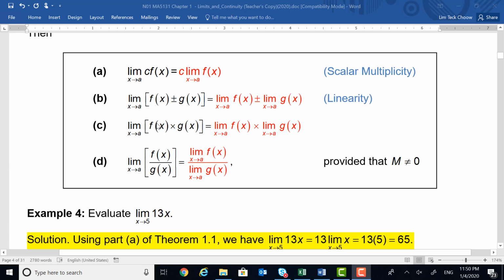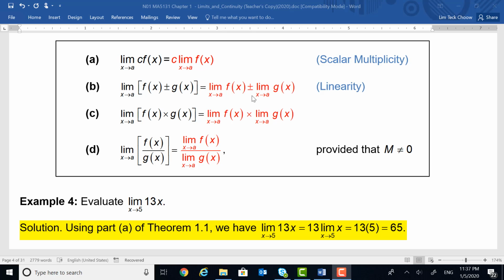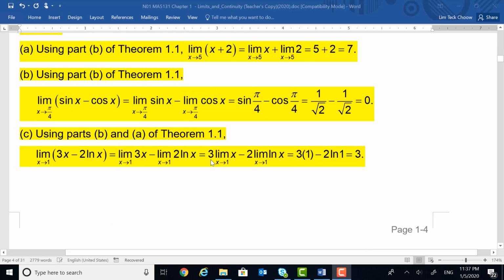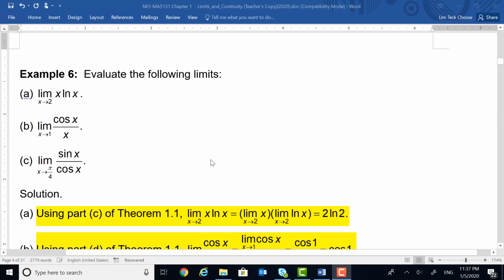Because in more complicated examples or sums, you will really have to use these theorems to help you to break down into the sum or the difference of two limits, or the product of two limits, or the quotient of two limits.